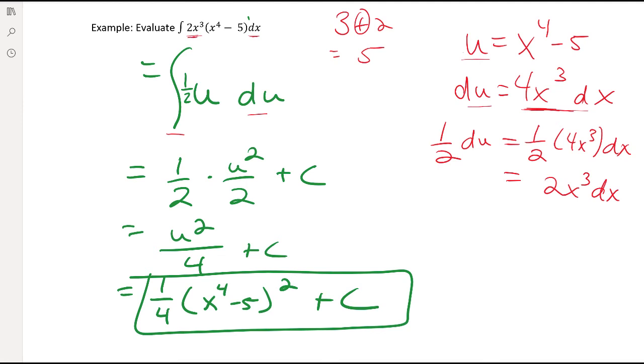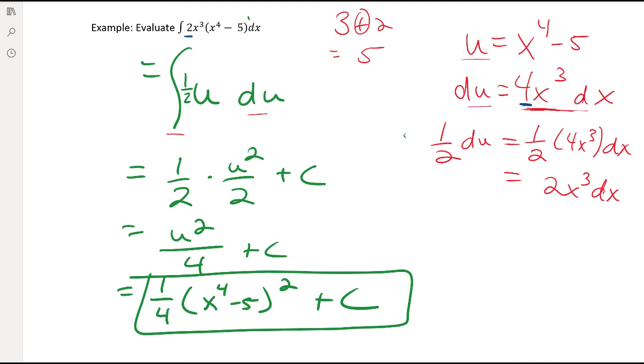Okay, so the key with this one is that our du's, our differentials, didn't match up exactly. So let me also go over a shortcut on how you can figure out what to multiply both sides of your du equation by to get the differentials to match up. This is what you do every single time, y'all. To get the correct fraction for your du's to match up, you take the coefficient of the differential inside your integral, in this case 2, and you divide it by the coefficient in the differential of your work, 4.